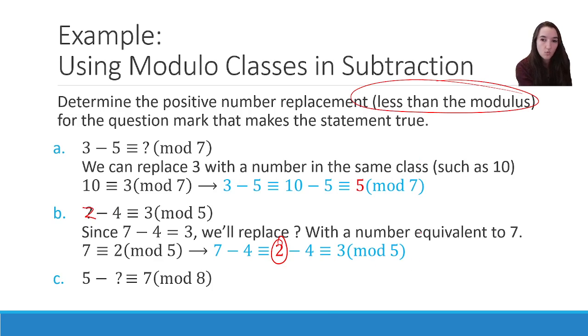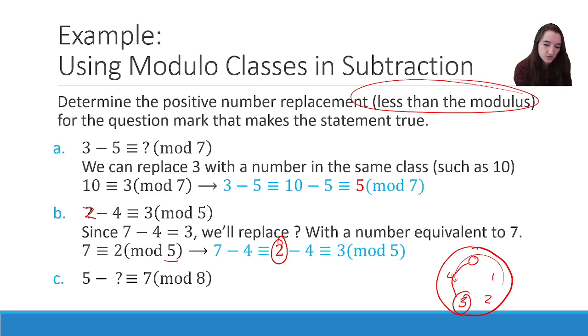And again, why don't we draw a clock to visualize this? We're in mod 5 now, so I'll put 0, 1, 2, 3, and 4 on here. And I want what minus 4 is congruent to 3. So we want to end here, but we have subtracted 4. So that means I'm coming from what direction? I'm coming this way to subtract, right? So I want to count backwards by 4, which is forwards. It's kind of weird, I realize.